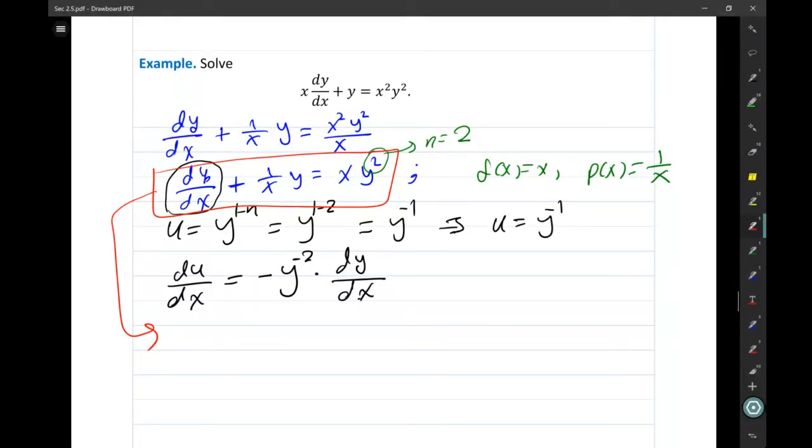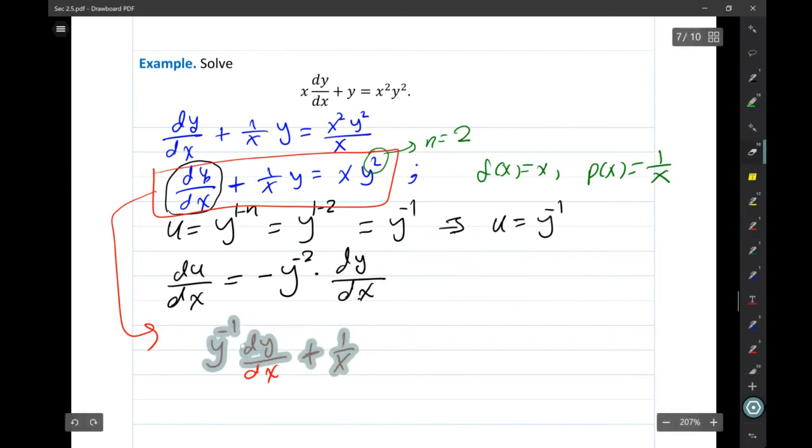What do we get? y to the power minus 1 times dy by dx plus 1 by x. No, just wait a minute.